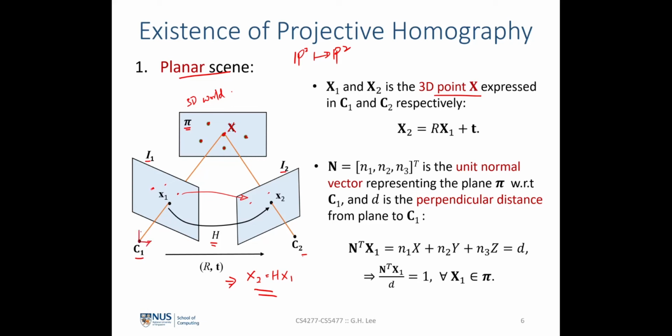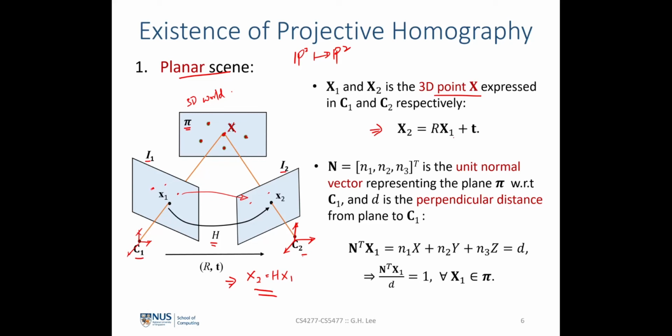Suppose that I have a camera frame over here that I attach to this camera and the image, and X1 here would be the coordinates with respect to camera coordinate frame 1, and X2 here would be the same 3D point X represented in camera coordinate frame 2 here. And we know from the rigid transformation that X2 is going to be related to X1 via a rotation and translation.